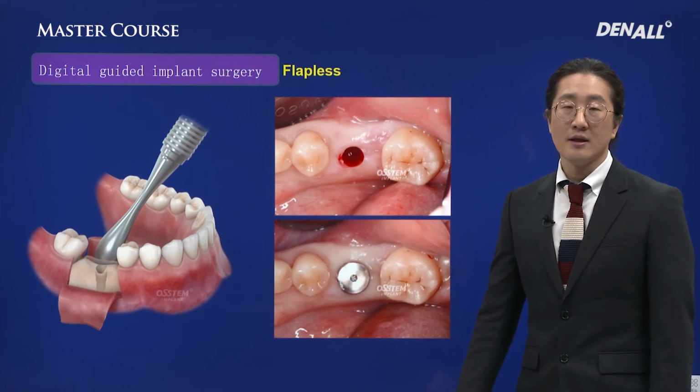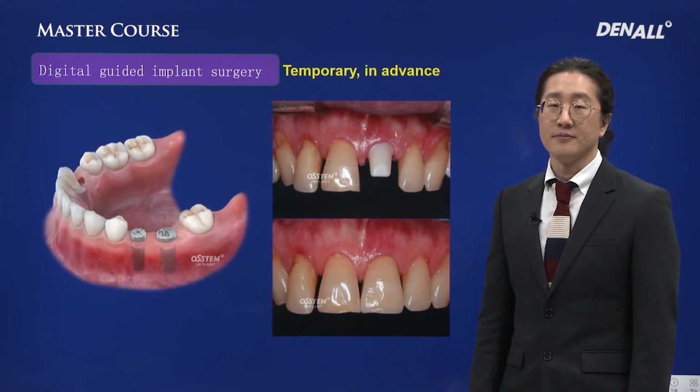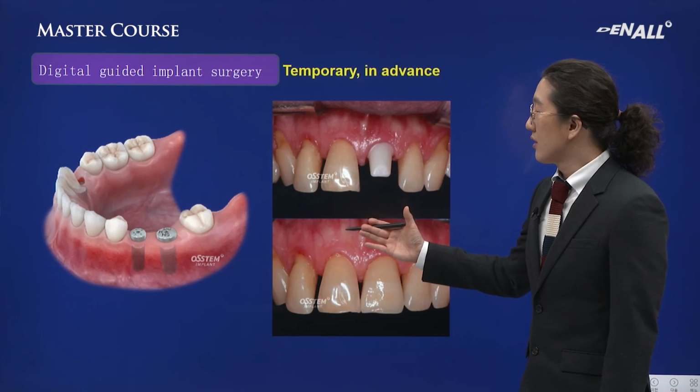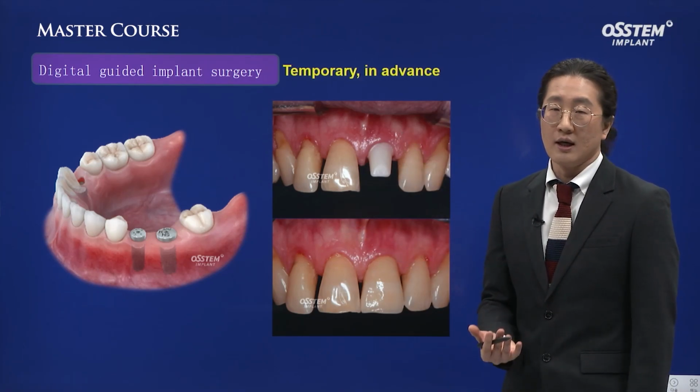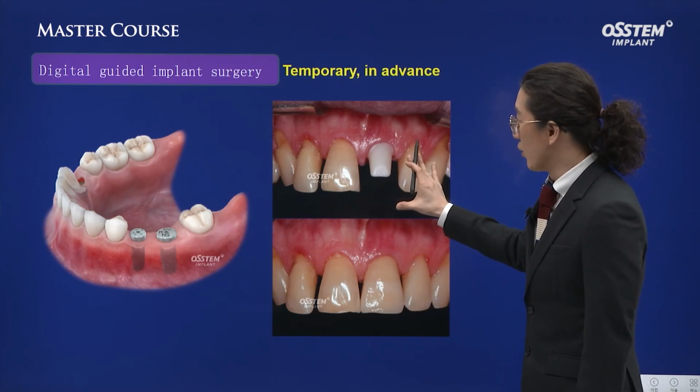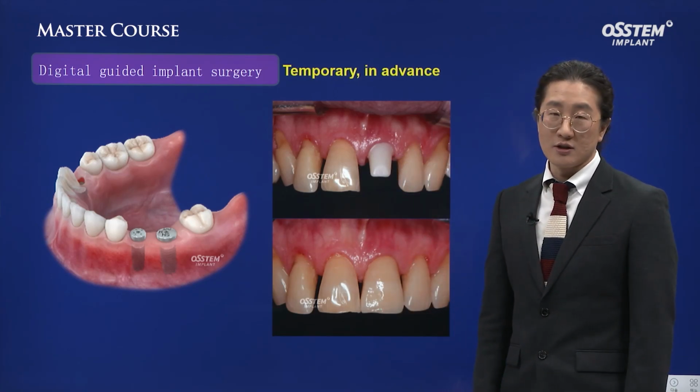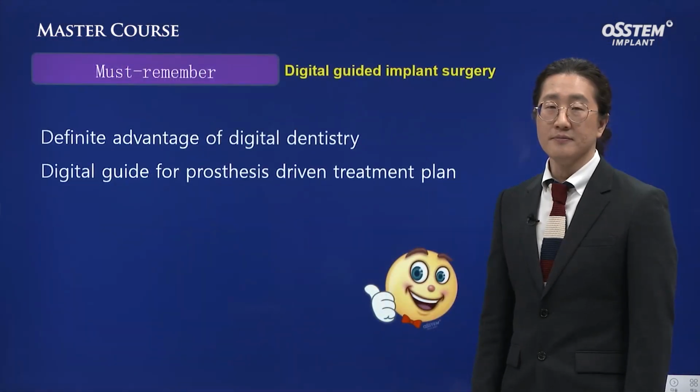We can perform flapless surgery in a more safe manner. In simulation stage, we can fabricate temporary crown ahead, and right after surgery, we can deliver it to the patient.